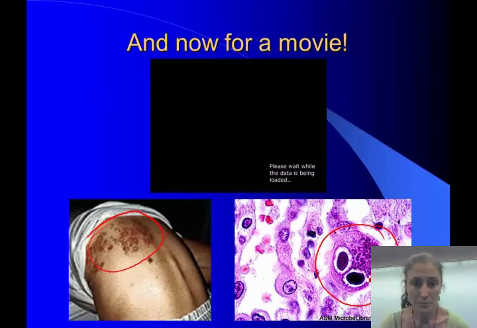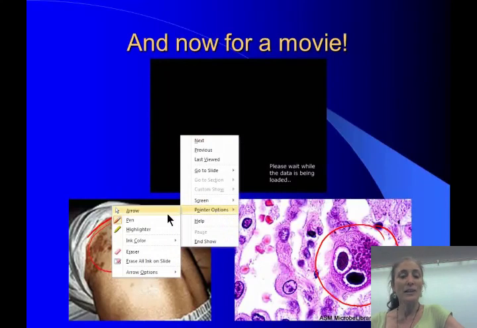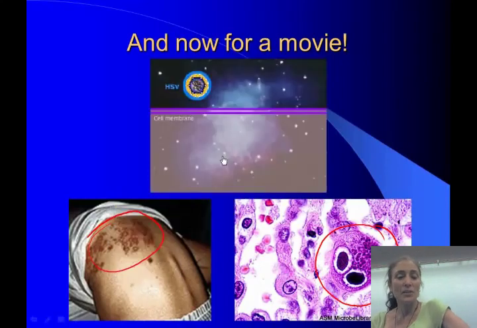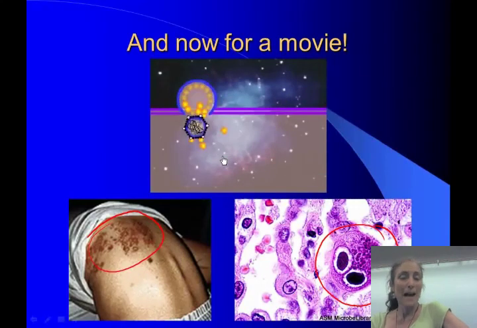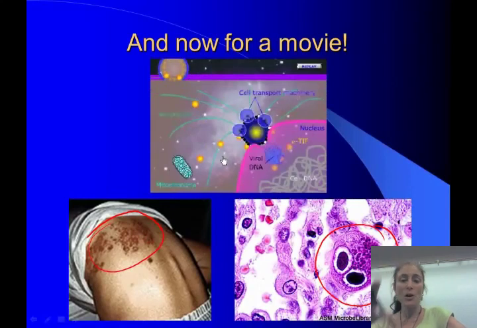And then this is an animation that I use that shows herpes viruses infecting a cell. And so again, this is far easier for students to visualize than if I tried to draw and explain how this process works. And there's tons of these kinds of animations on the MicrobeLibrary that you can download and put into your lecture.